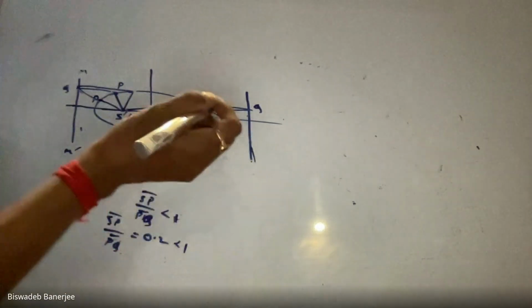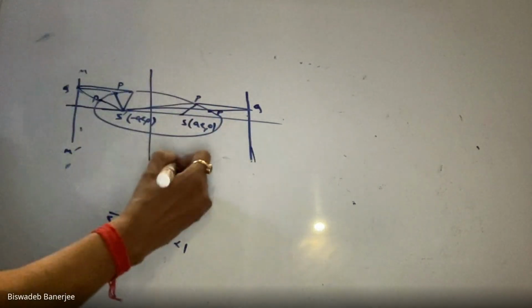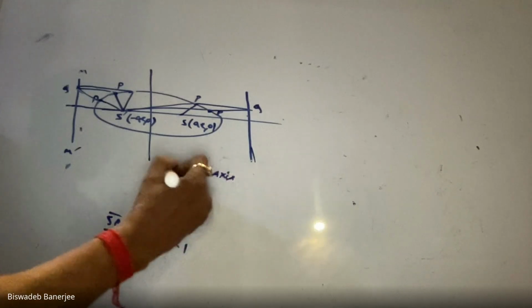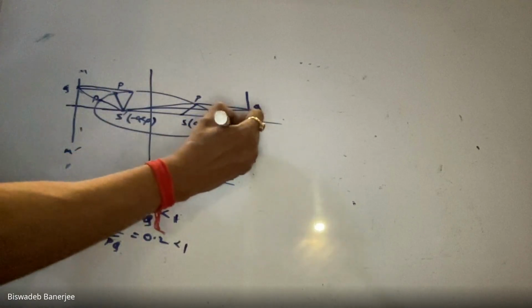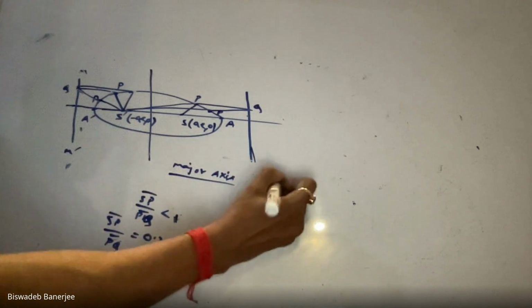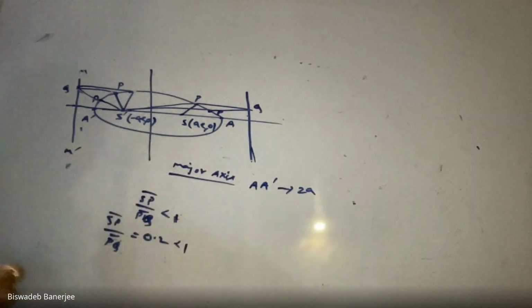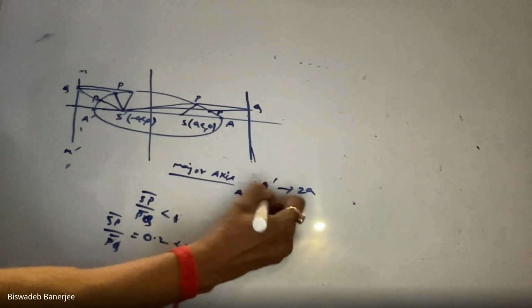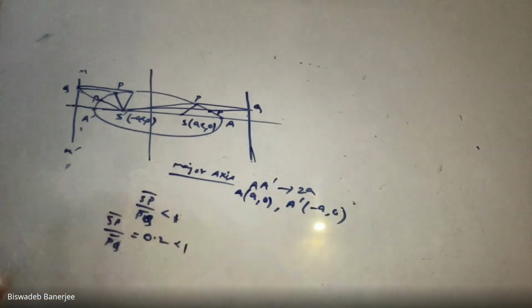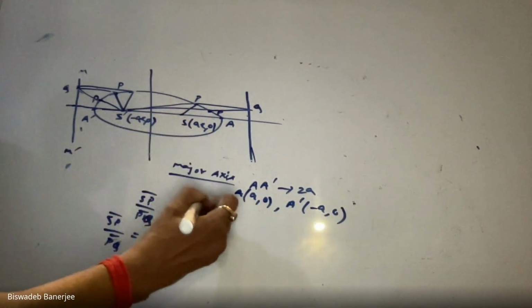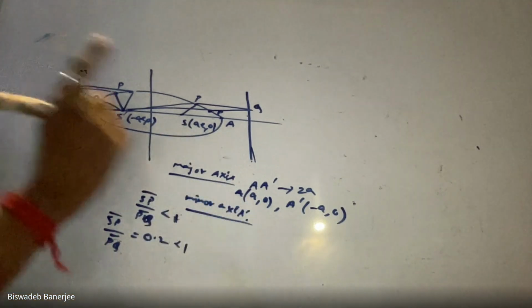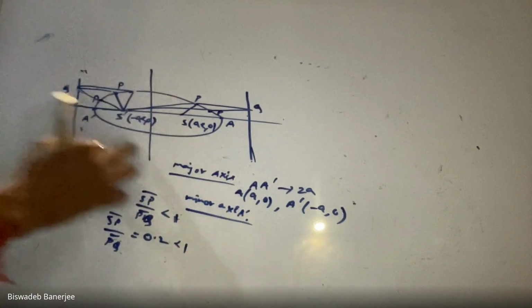So for summary, the major axis of the ellipse is A dash A, whose length is 2A, where the coordinate of A is (A, 0) and the coordinate of A dash is (minus A, 0). Minor axis, we know what the minor axis is. The minor axis is the axis which is perpendicular to the major axis.